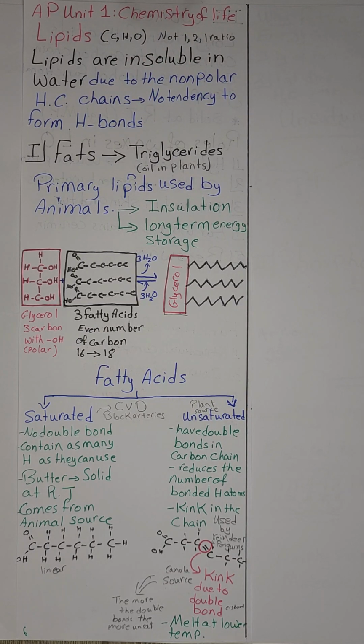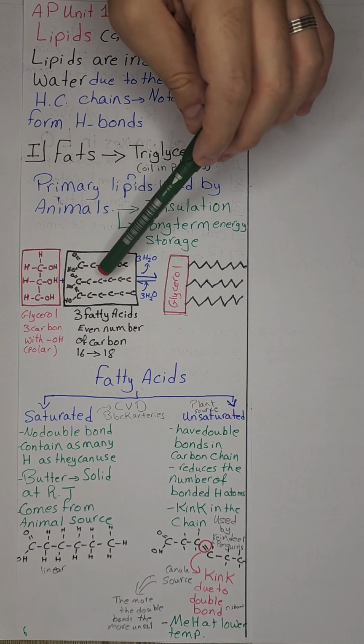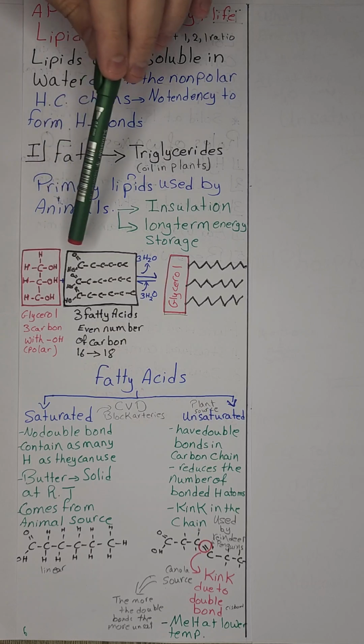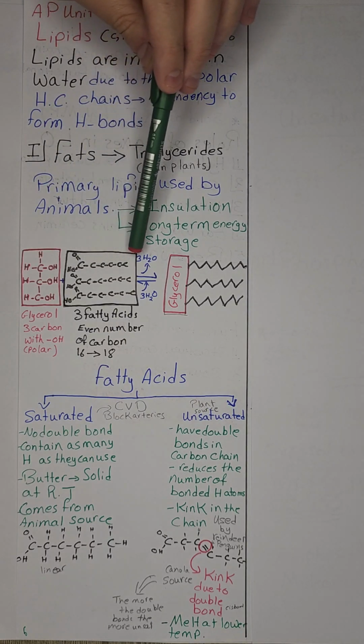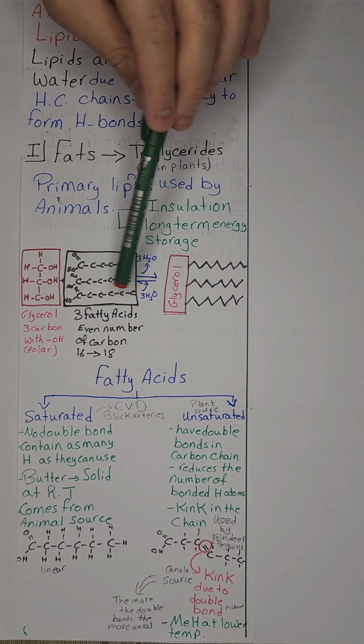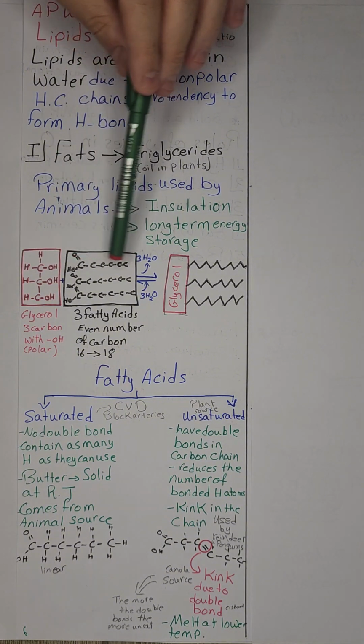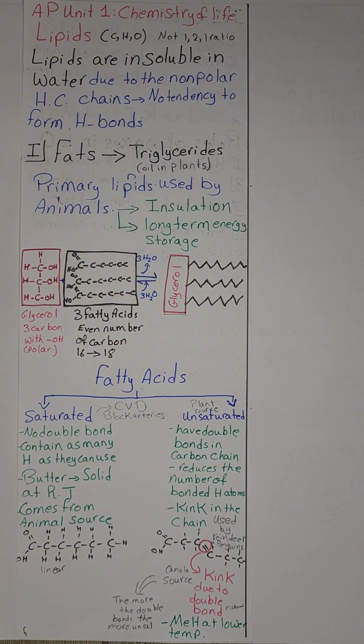From their name, triglycerides are made up of three fatty acid molecules that have an even number of carbons that range between 16 to 18 carbon atoms. So each one of them is a fatty acid with an even number of carbons between 16 and 18 carbon atoms.